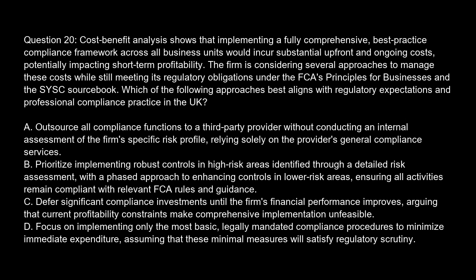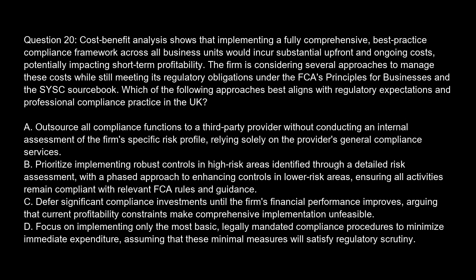Option A. Outsource all compliance functions to a third-party provider without conducting an internal assessment of the firm's specific risk profile, relying solely on the provider's general compliance services. Option B. Prioritize implementing robust controls in high-risk areas identified through a detailed risk assessment, with a phased approach to enhancing controls in low-risk areas, ensuring all activities remain compliant with relevant FCA rules and guidance.